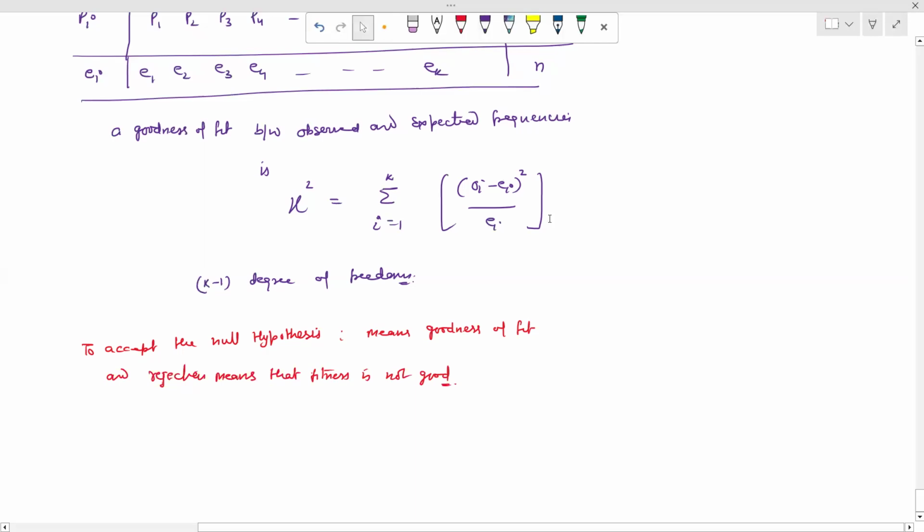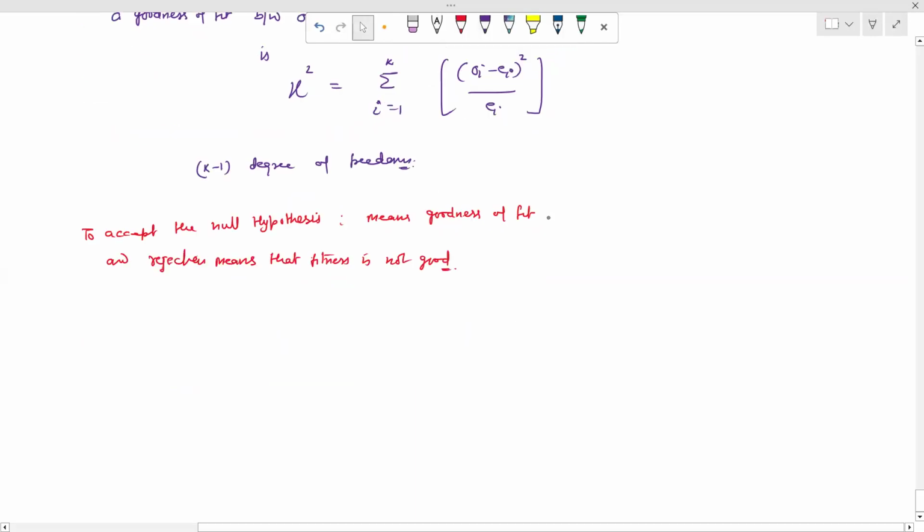Now if chi square is less than or equal to chi square with k minus 1 degrees of freedom, we accept the null hypothesis with the level of significance alpha.